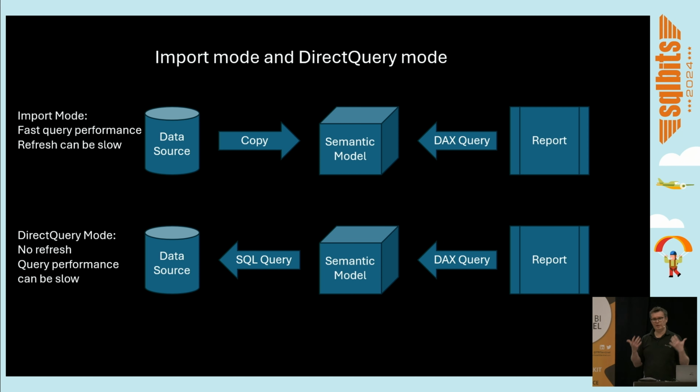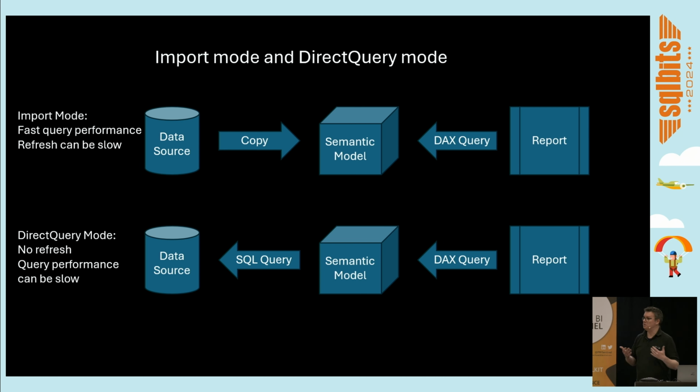Now, when you created your semantic model inside Power BI, you always had 2 choices for storage modes. 2 fundamental storages. You could mix and match them a little bit, but you had to make the choice between import mode and direct query mode. Import mode was the default. That was the choice that we at Microsoft always encouraged you to use.